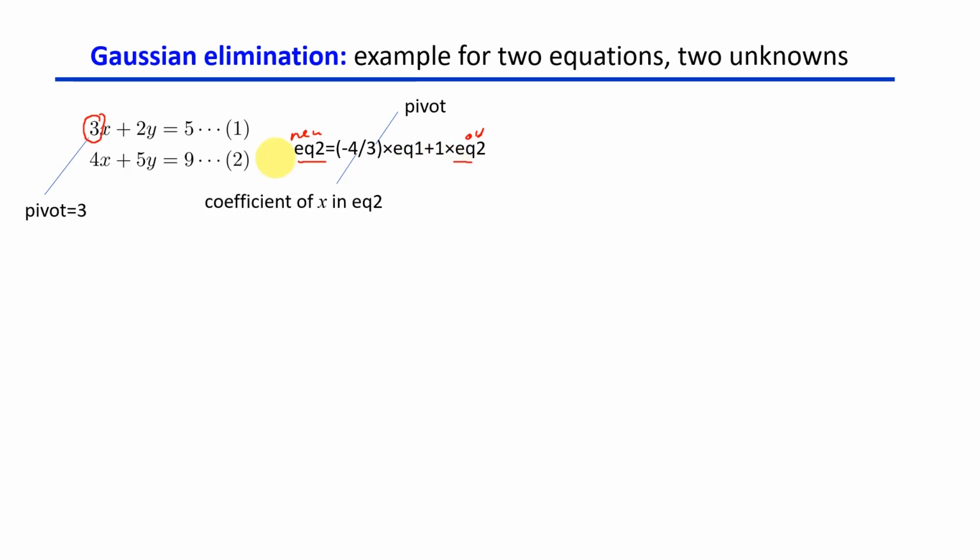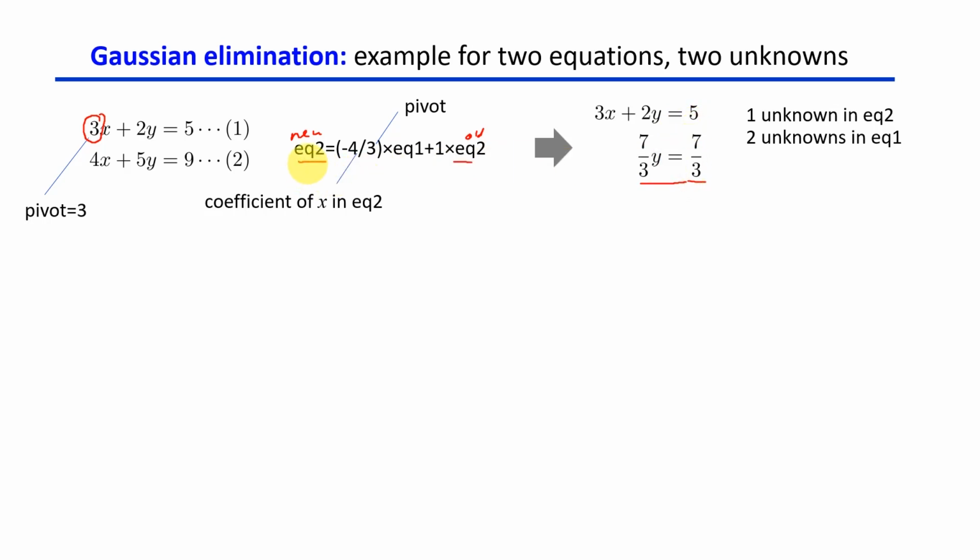Once I do that, you understand that in my new equation 2, the coefficient of x will be 0. So I am getting a new equation 2, that is 7 by 3 y equals 7 by 3. Nothing happens in equation 1, but I have a new equation 2.